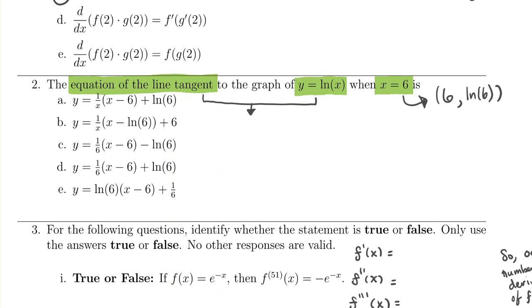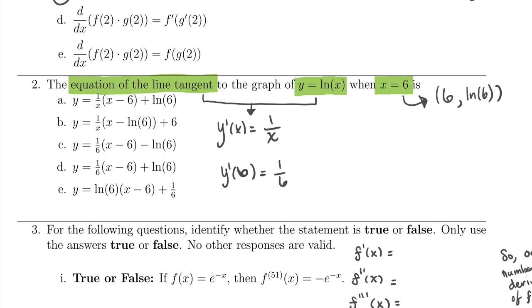We know to find the equation of the line, you need a point, the slope, and the point slope formula. These two together give the equation of the tangent line at this graph. In order to find the slope at the point, we need to find the derivative. We know the derivative of natural log is 1 over x. We care about the value of the derivative specifically at x equals 6.